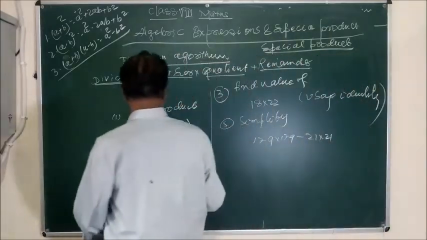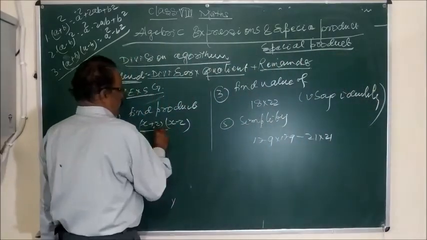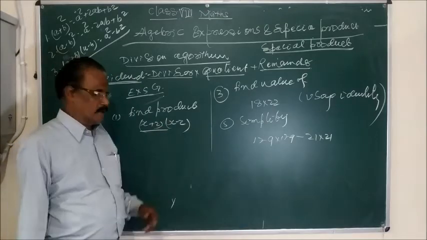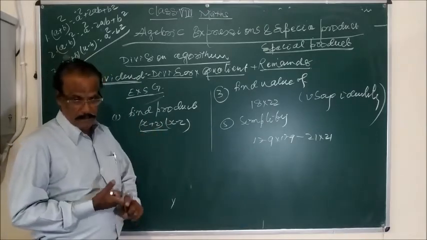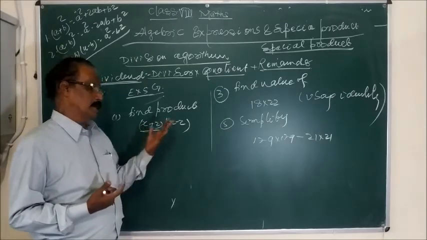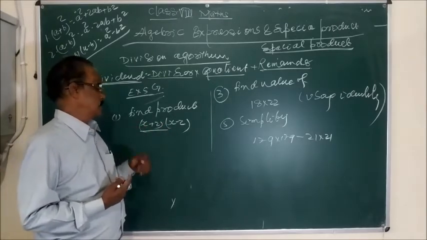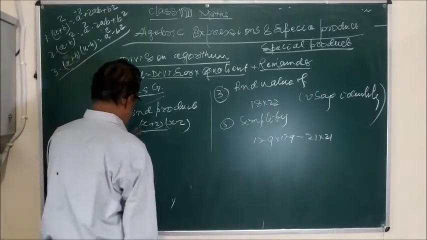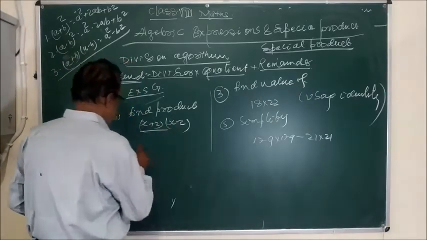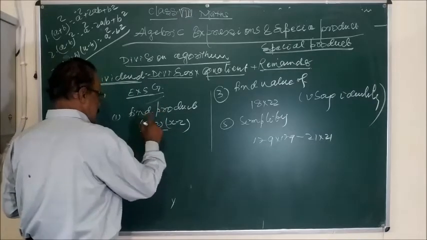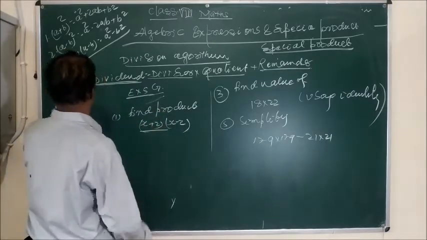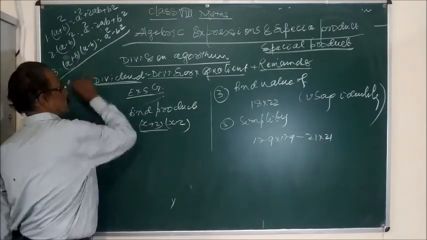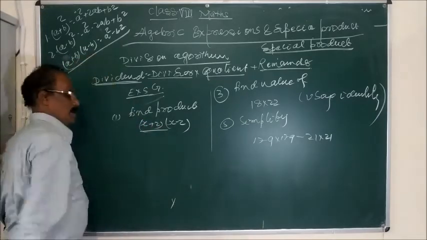Now you see question 1. Find the product (x plus 2)(x minus 2). Although there are two methods I have already explained. One method is the horizontal method and the other method is the column method. So you can find by any method. But if the algebraic expressions are given in this form, you might have to compare this question with this formula, (a plus b)(a minus b).